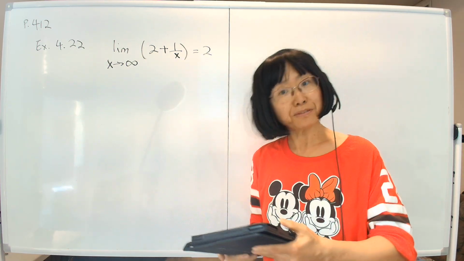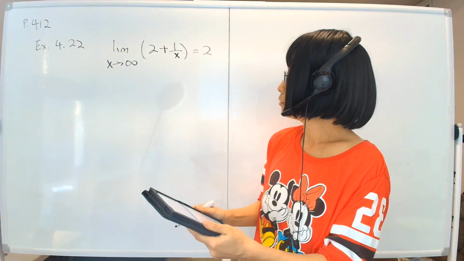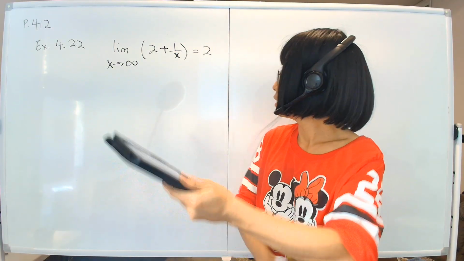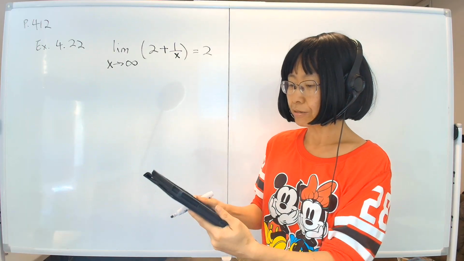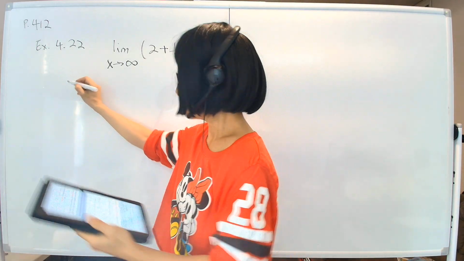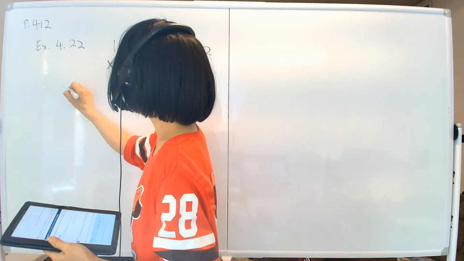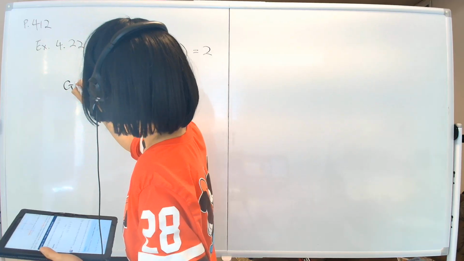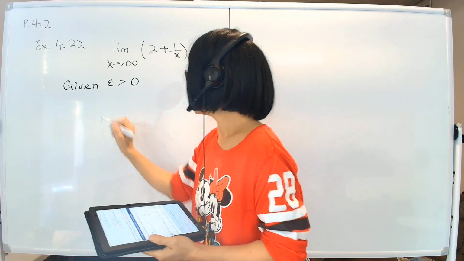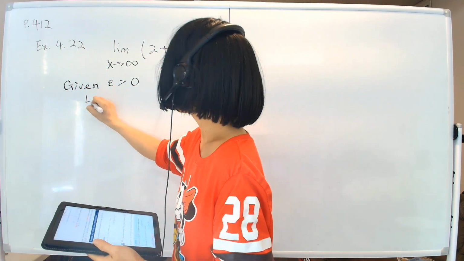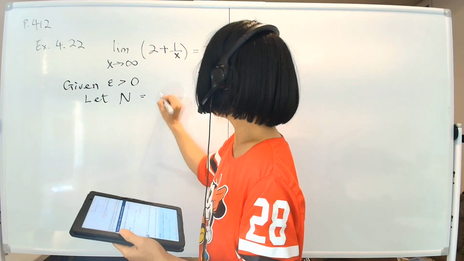Now, how do we prove it formally? We will choose an n: given epsilon bigger than 0, we let n, the large number, be equal to 1 over epsilon.